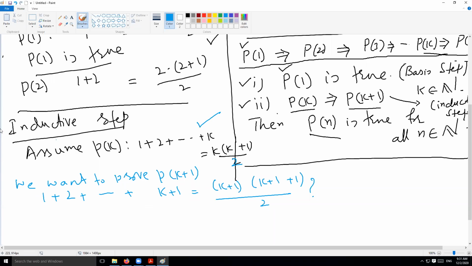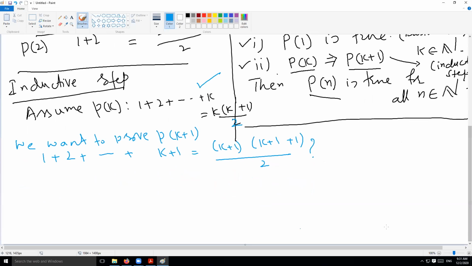If I can prove this, then both conditions of the principle of induction are going to be true. So how to prove it? Let's take this side and prove that it is equal to the other side. What is the left hand side of the equality that we would like to prove? It's 1 plus 2 plus 3 and so on, plus k plus 1.